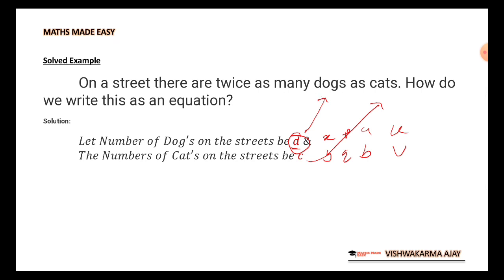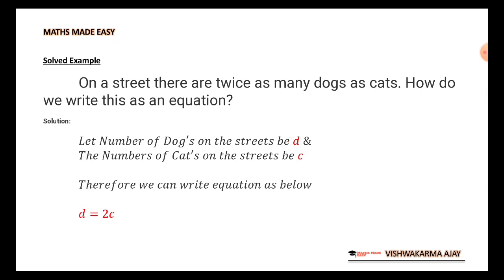So the number of dogs on the street is D and the number of cats on the street is C. Therefore we can write the equation as below: D is equal to 2 times C. What does it mean? Dogs are twice the number of cats.